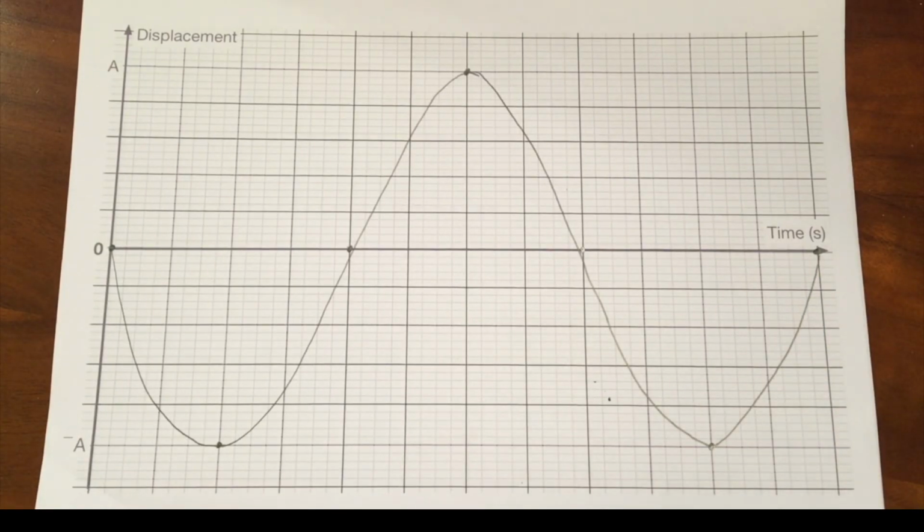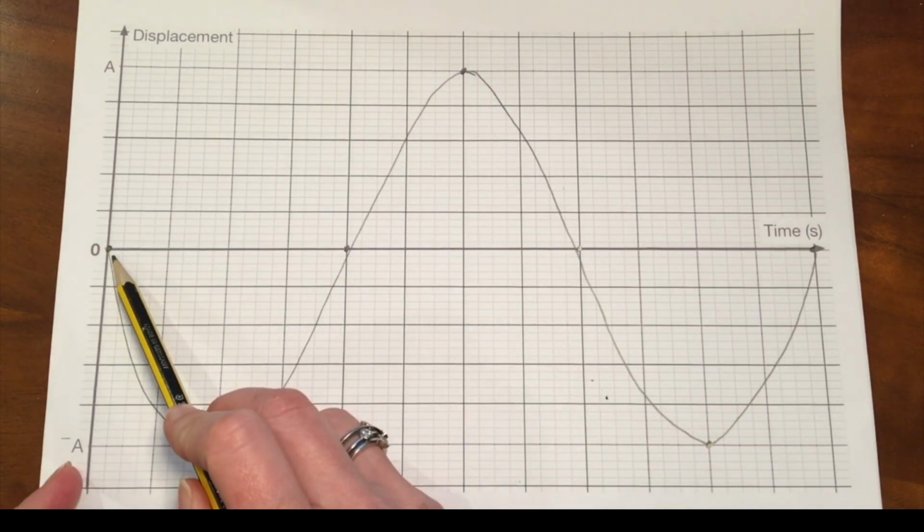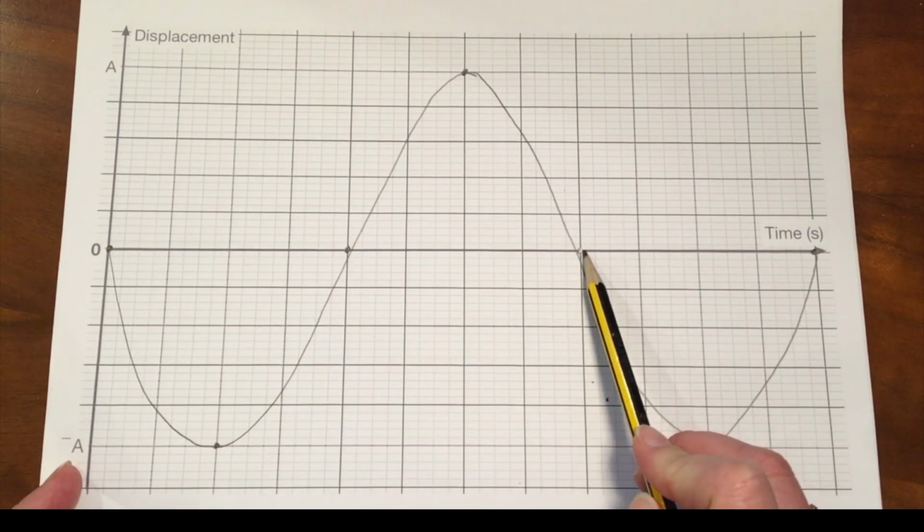If we look back to our studies in topic 2, we have seen displacement time graphs, and we know that the gradient of a displacement time graph is equal to the velocity. So let's just have a look at these points here. Where's the maximum gradient of this graph? Well, actually, there's 4 maximum gradients. There's one there, one there, one there, and one there.